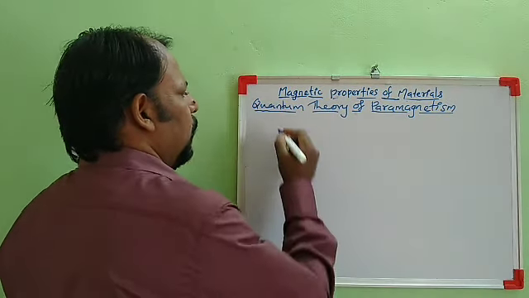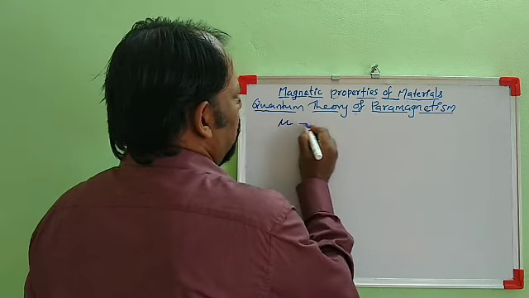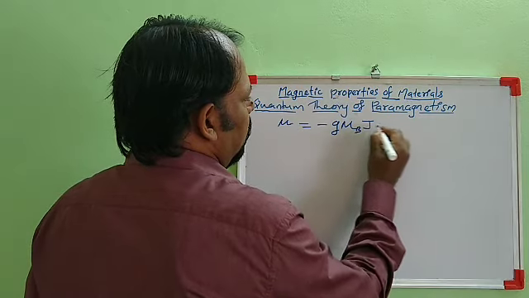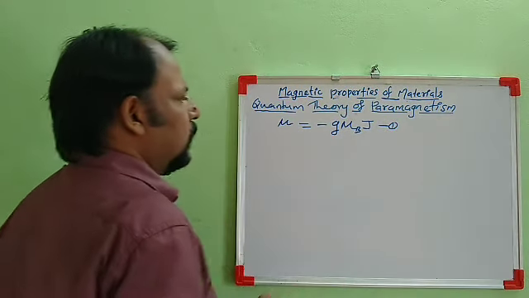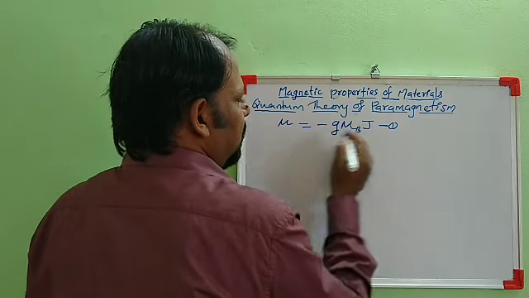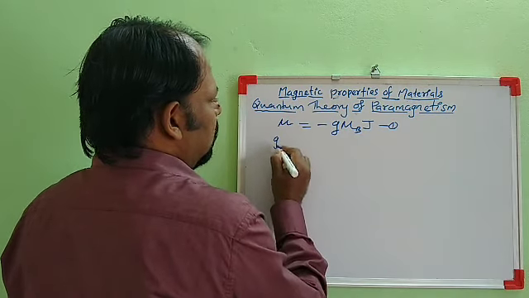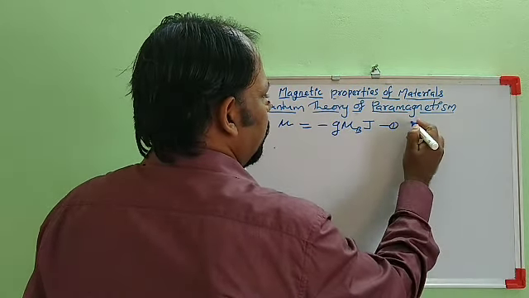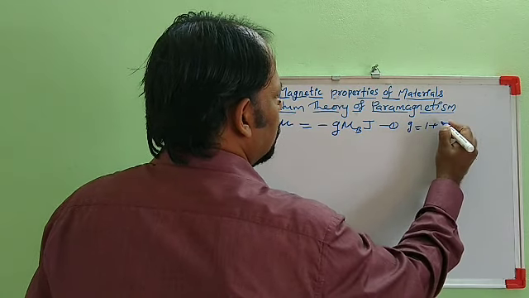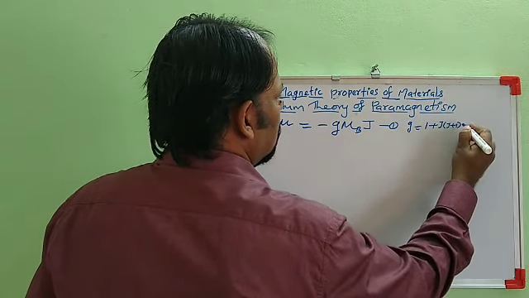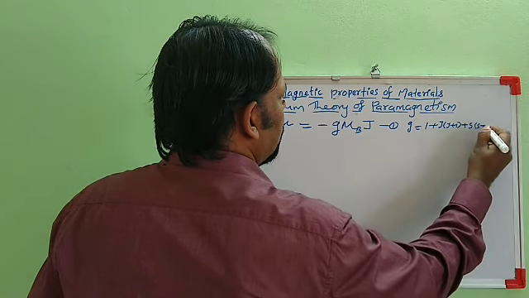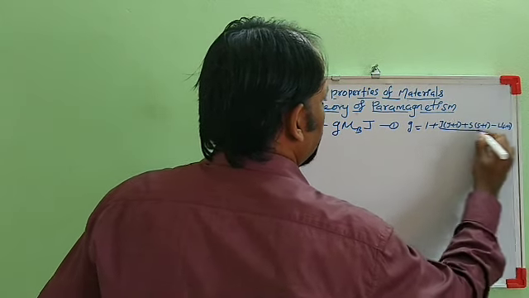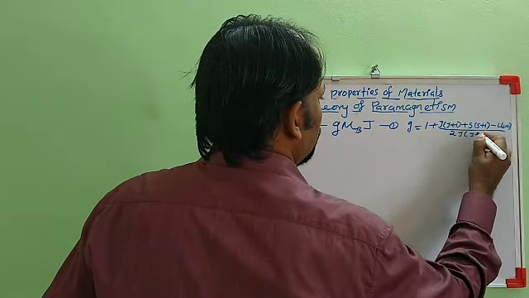We have already seen that the magnetic moment is given by mu equal to minus G mu B J, where G is Landé's split factor and its value is given by G equal to 1 plus J into J plus 1 plus S into S plus 1 minus L into L plus 1, divided by 2J into J plus 1.